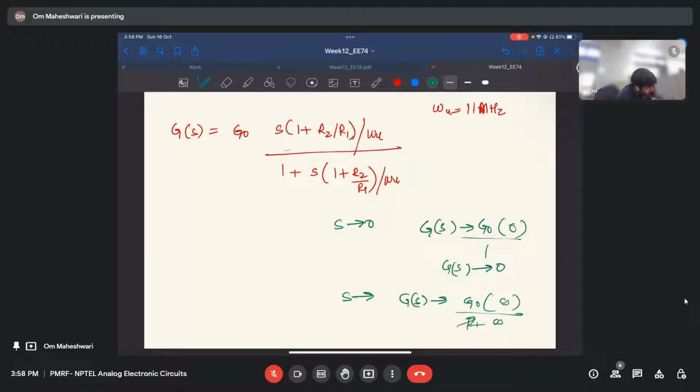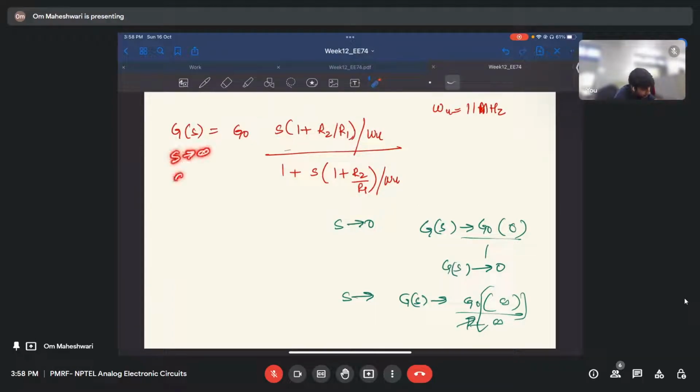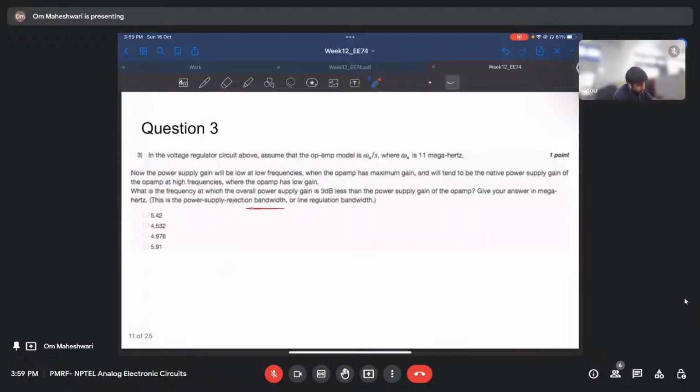This term will be very high, this term will be very high. You can ignore 1 and these will cancel. So when s tends to infinity, G(s) tends to G naught. So this is how this relation confirms this statement.